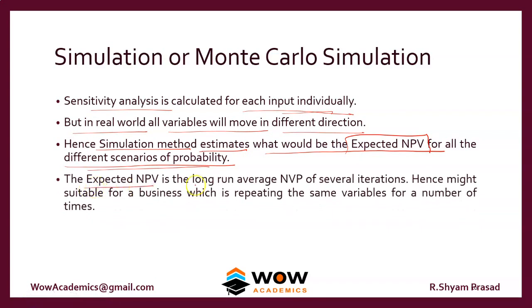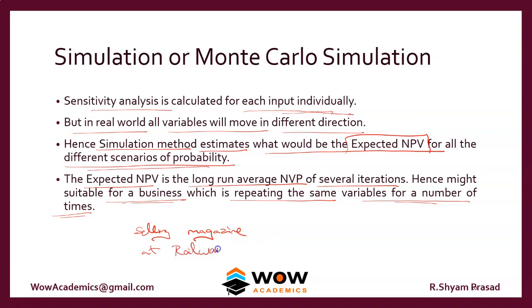The expected NPV is the long run average NPV of several iterations, hence might be suitable for a business which is repeating the same variables for a number of times. So similar to the probability analysis, you can apply this method to selling magazines at a railway station.